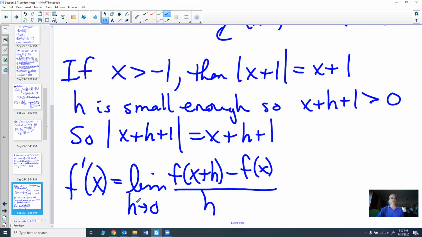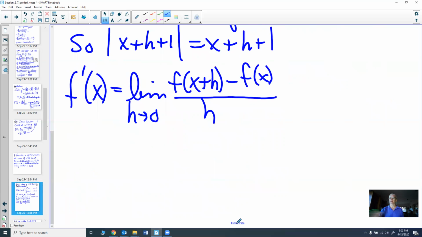So we can now go to our definition of derivatives, which is the limit as h goes to 0 of f of x plus h minus f of x all over h. We can go ahead and find out what this is equal to.